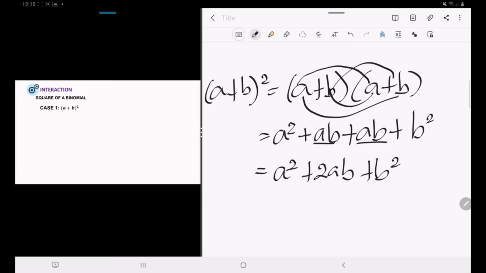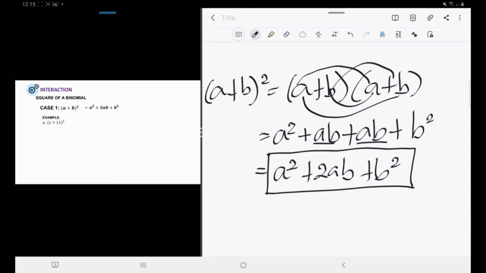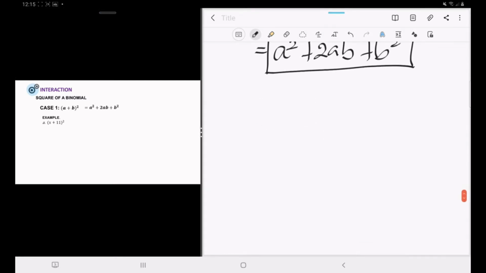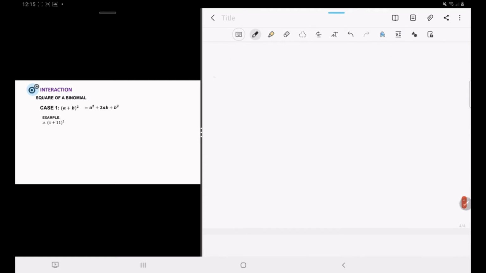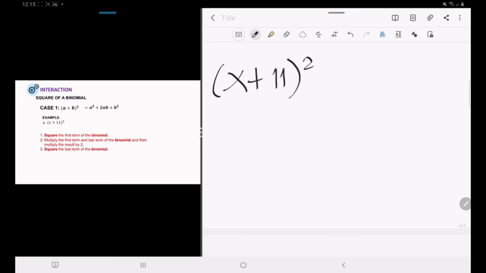Now, we can use that pattern to find the square of any binomial. Let us have our first example. We have x plus 11 squared. So to get the product of square of binomial, we have to get the square of the first term.